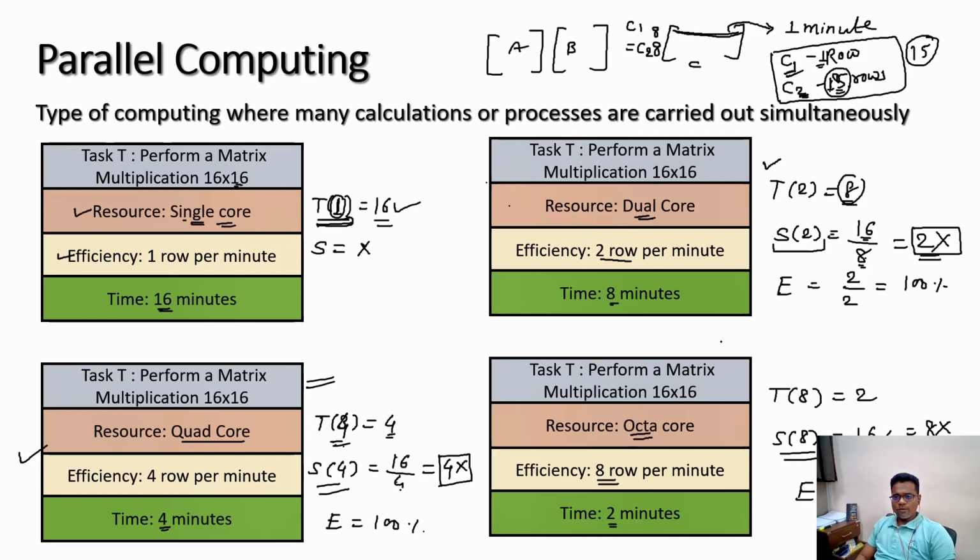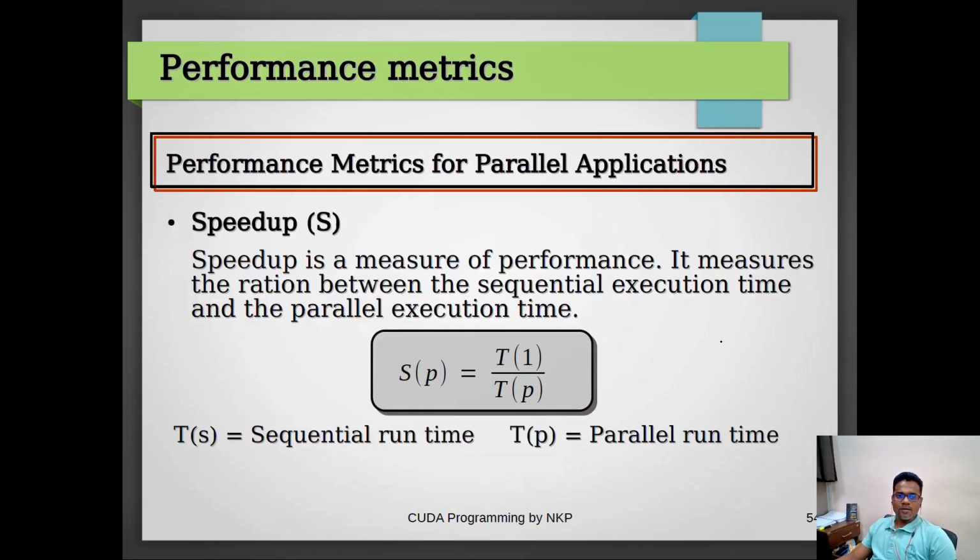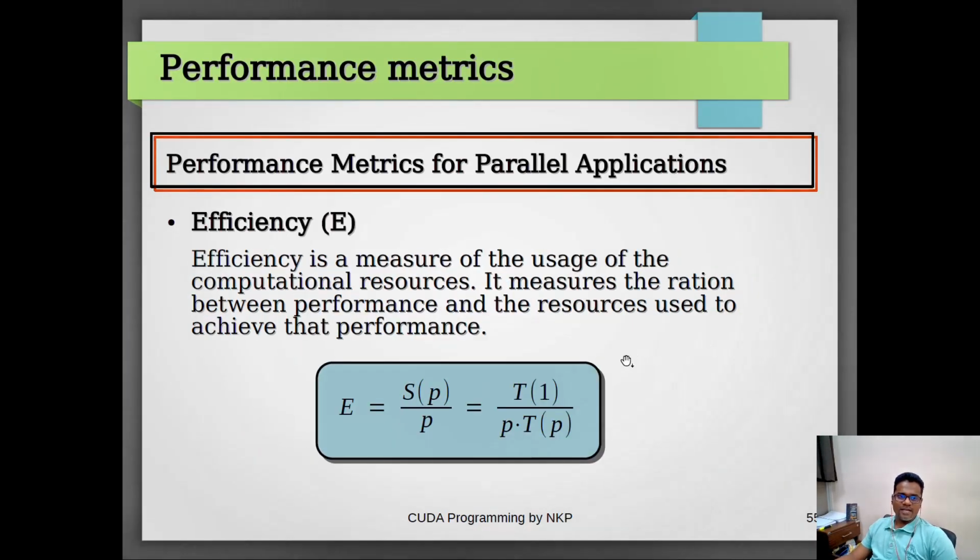Very often, whenever we write a parallel program, we try to communicate our results in terms of speedup. That is how fast your program becomes compared to your sequential version by using multiple computing resources. Now the second one is efficiency, which is a measure of the usage of computational resources.